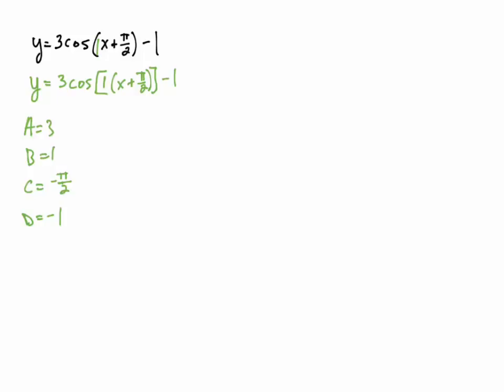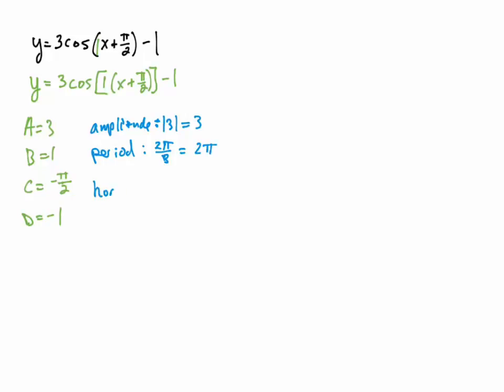So finding the amplitude, which is the absolute value of 3, so amplitude is 3. The period is 2 pi over b. Since b is equal to 1, we have a period of 2 pi.